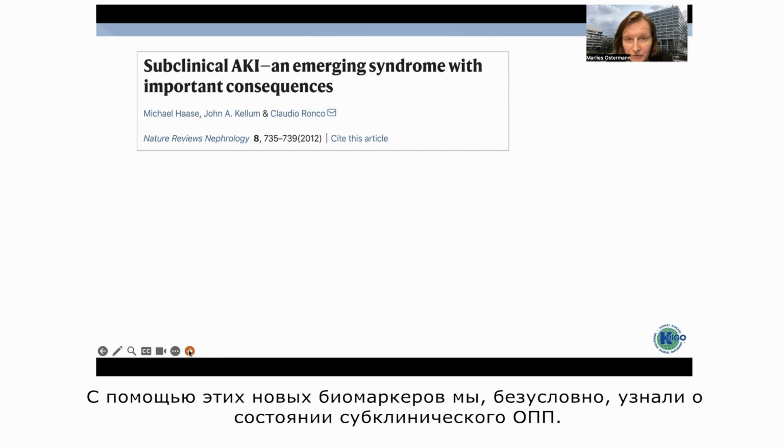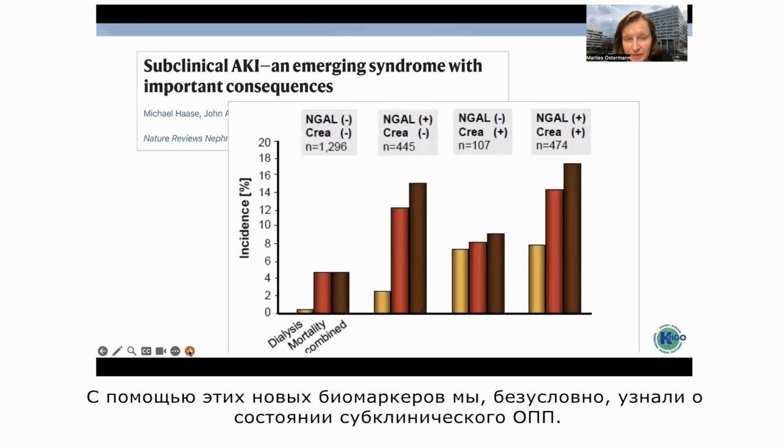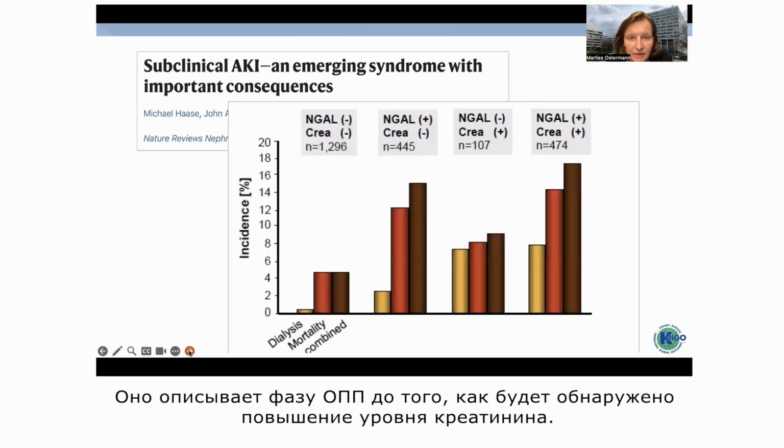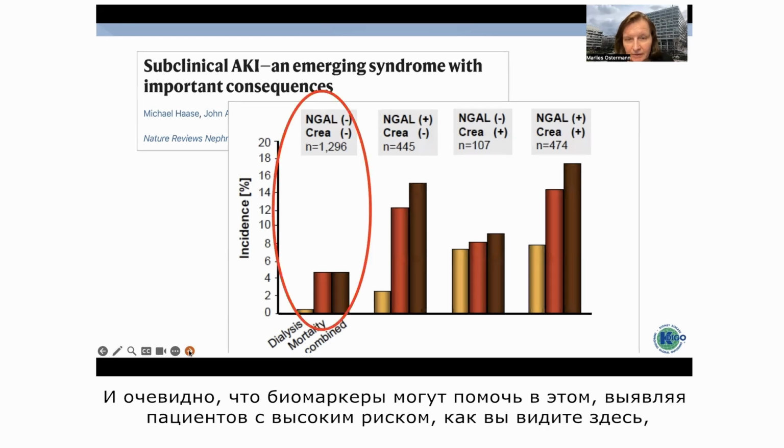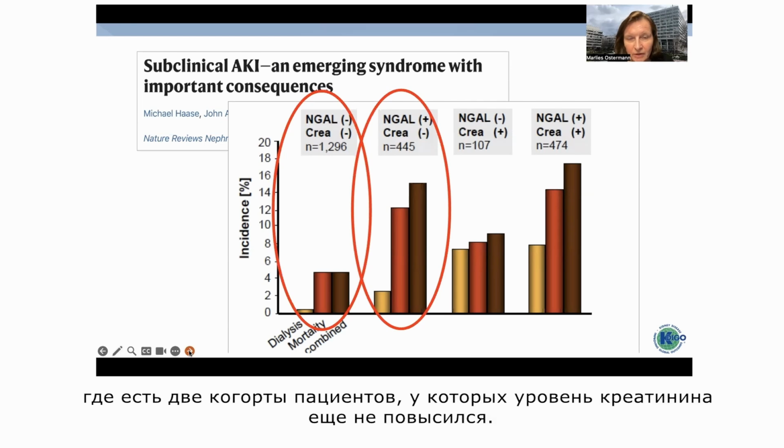With the help of these new biomarkers, we've certainly become aware of a state of subclinical AKI. It describes the phase of acute kidney injury before a creatinine rise is detected. And clearly, biomarkers can help here in identifying high-risk patients, as you can see here, where we have two cohorts of patients in whom creatinine has not risen yet.